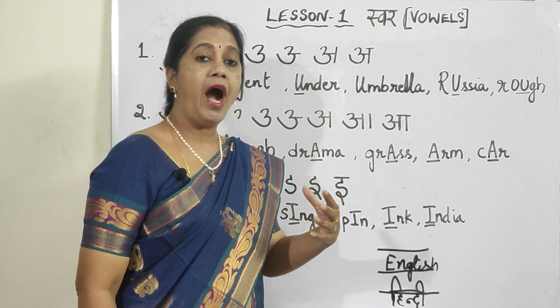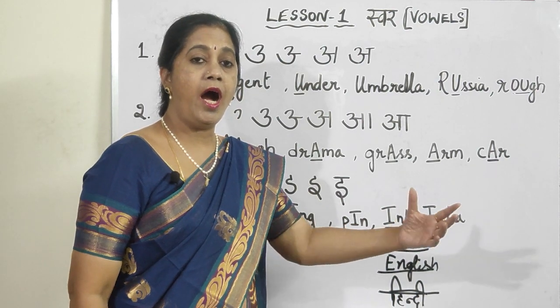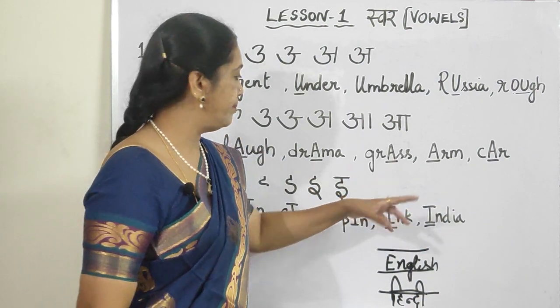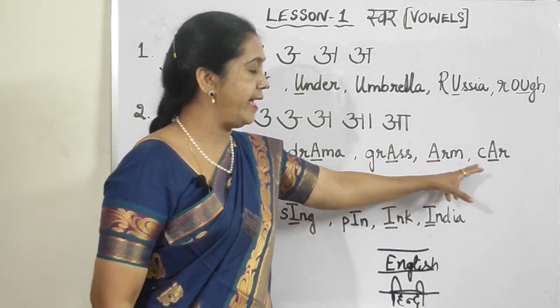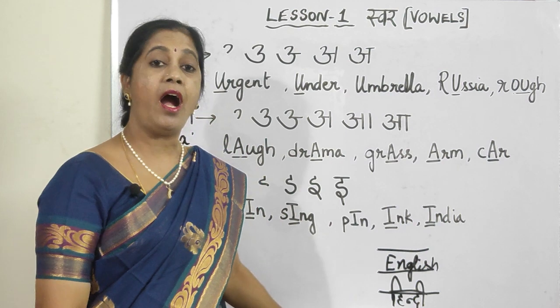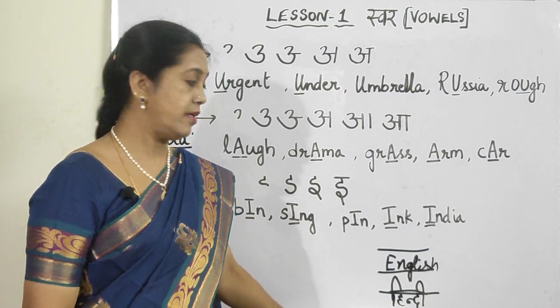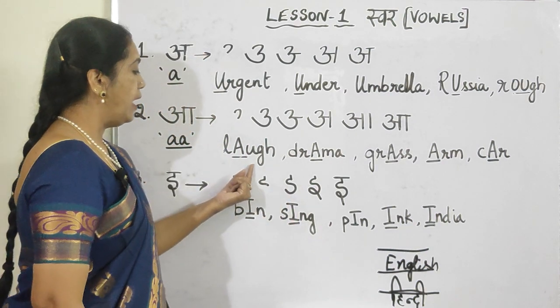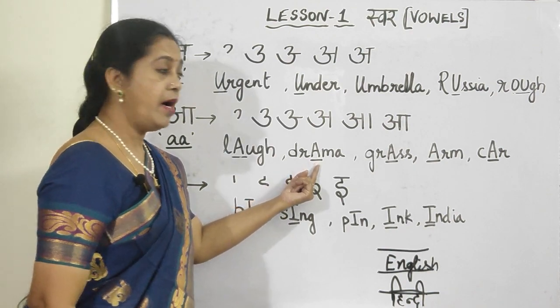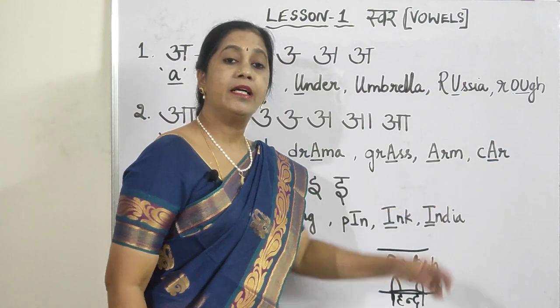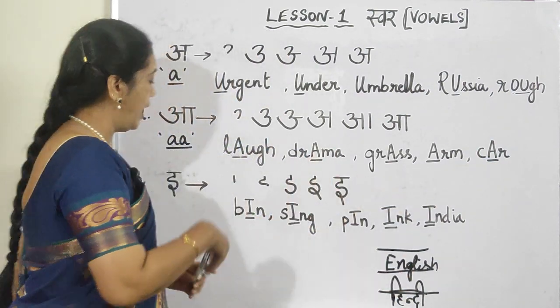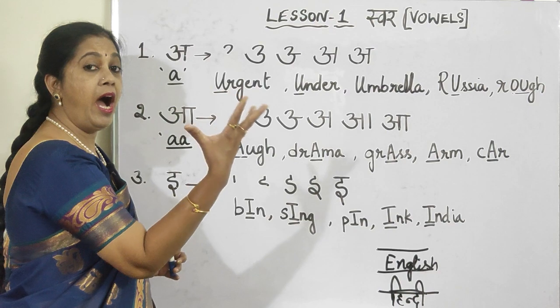Here you see arm. Here you see car. Because it's K-A-R, you don't say it the other way, you say car. So you see here: laugh, drama, grass, arm, car. Now you know the sound. So this is ah.